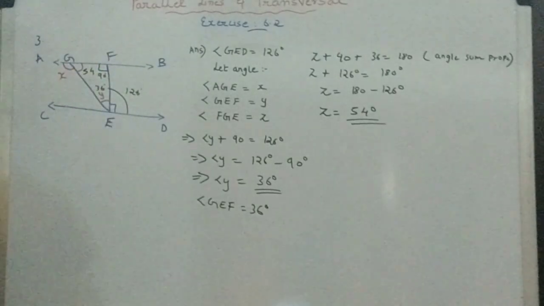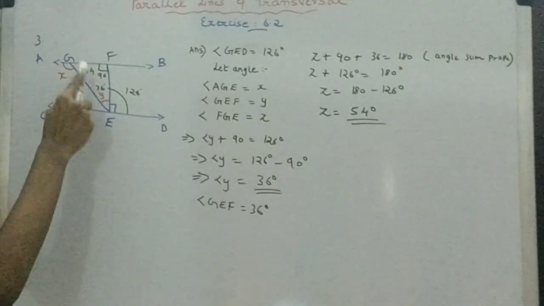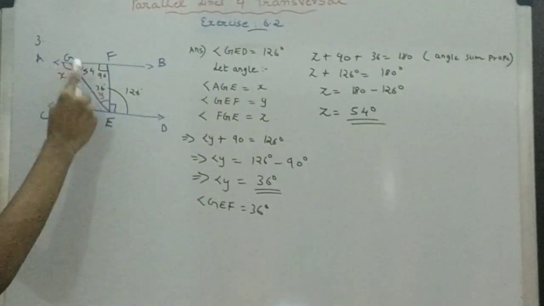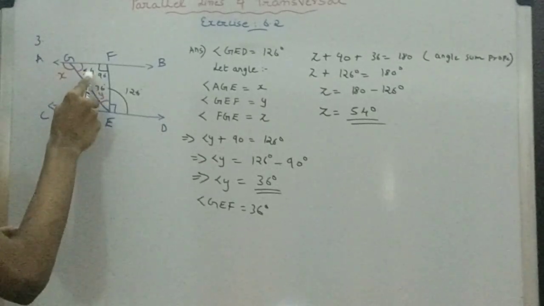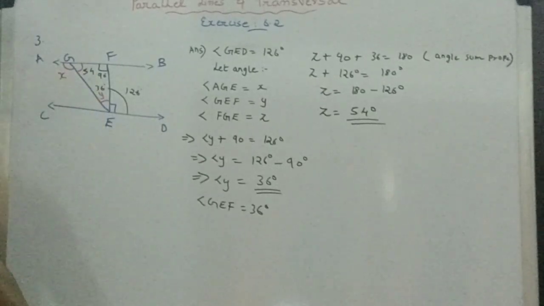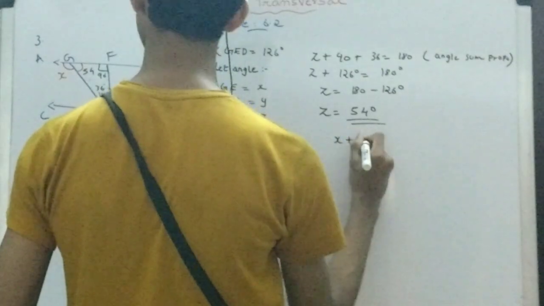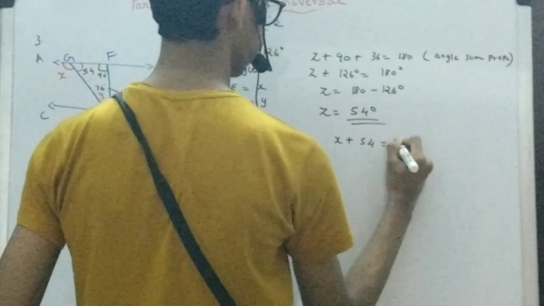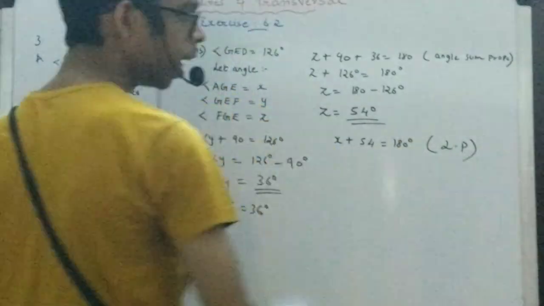Okay. Now we need to find the value of angle X. Just see over here, this is a ray GE which stands on the line AB. So this angle 54 and this angle X together form a linear pair, isn't it? So we can say that angle X plus 54 is equal to 180 degree, because they form a linear pair.